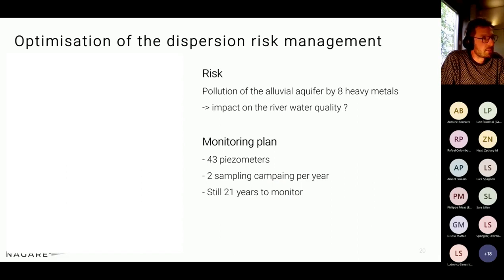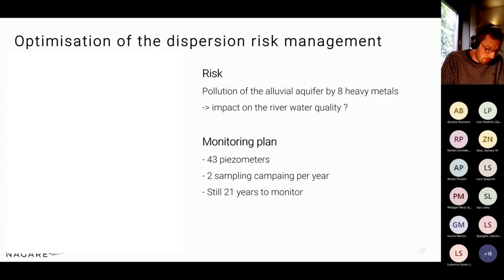And since the risk at that site is not properly assessed, the regulator imposes a very strict monitoring plan that includes 43 piezometers that have to be sampled twice a year for another 21 years. So it's quite heavy financially for the industrial to keep this monitoring plan on.